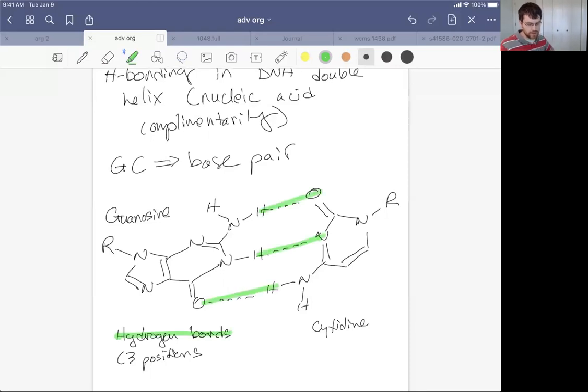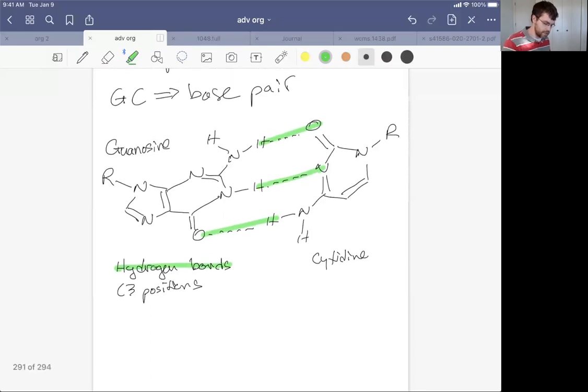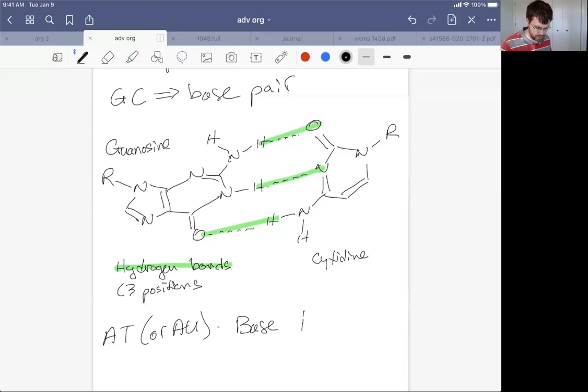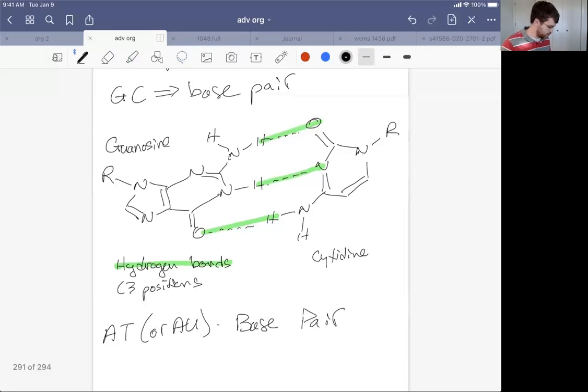And these hydrogen bonds are enough to zip these 2 bases together, assuming that the other nucleotides in the nucleic acid can also hydrogen bond with each other, and that would be the AT or AU base pair. Okay, so let's consider those structures.